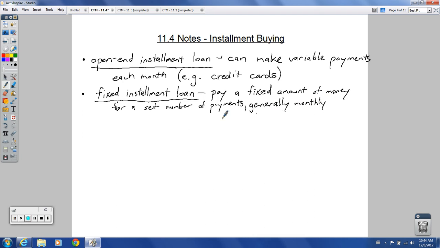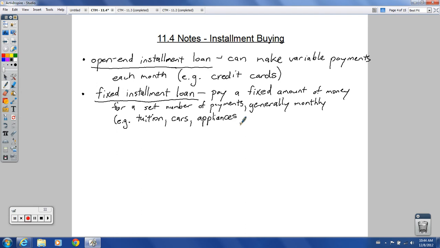And to give you some examples of some fixed installment loans you normally see. Tuition, if you are taking out college tuition loans, those are probably going to be paid back in these fixed installment loans monthly. And maybe you take out a loan for a car or another type of vehicle, maybe a truck, even a boat, something like that.